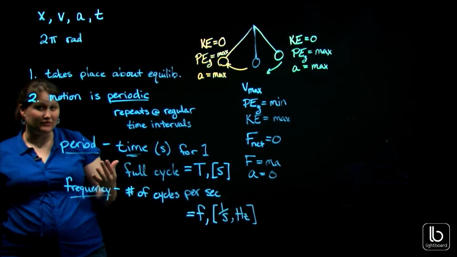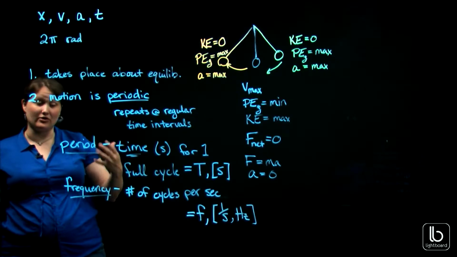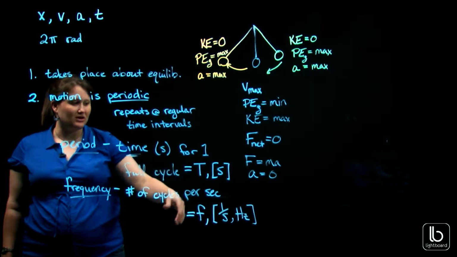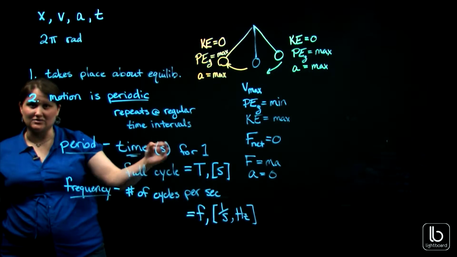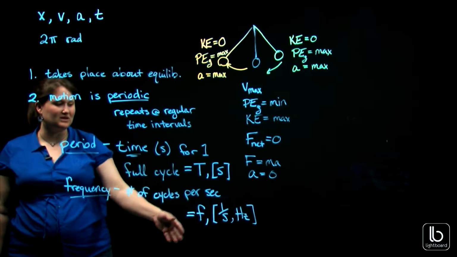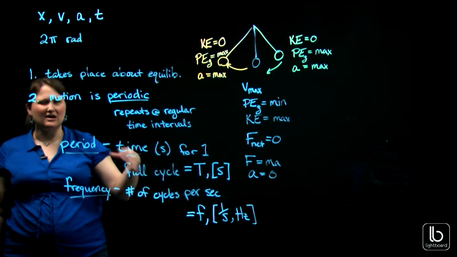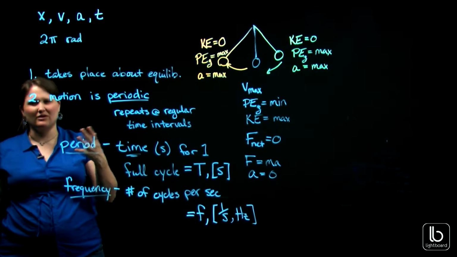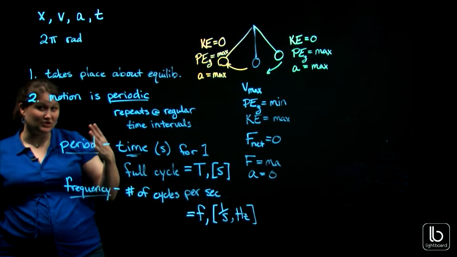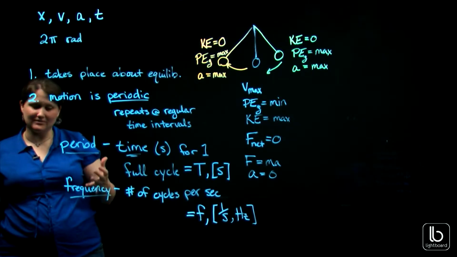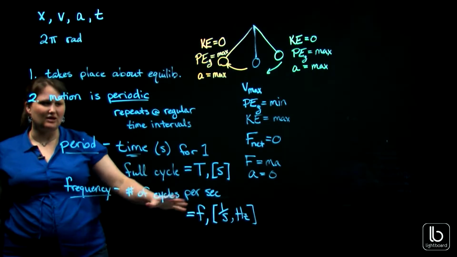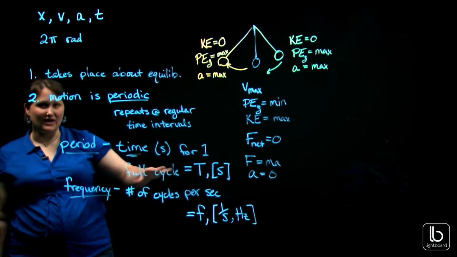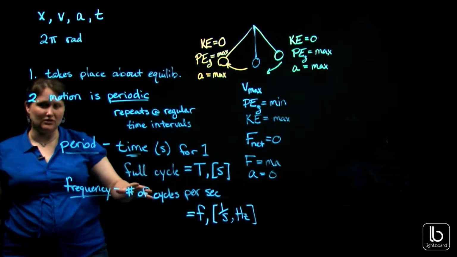Sometimes it may be useful to include, just for your own sake, that the period is the time per cycle, so seconds per cycle, or the frequency is cycles per second. It's kind of like radians when we're dealing with angular motions. A lot of times we just drop the unit of radians. So just be aware of that underlying use of the unit.